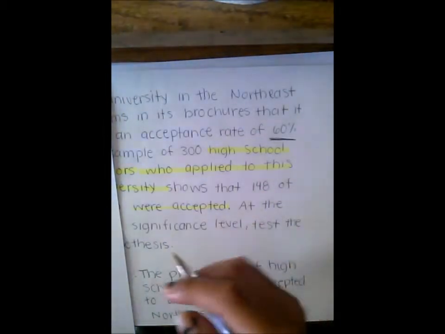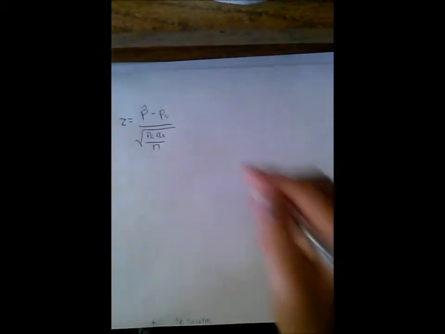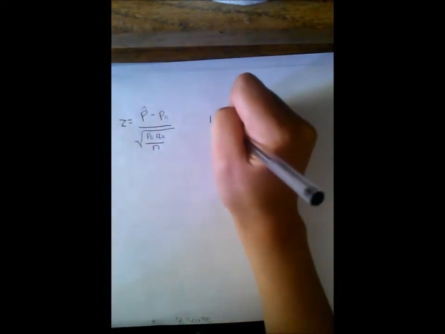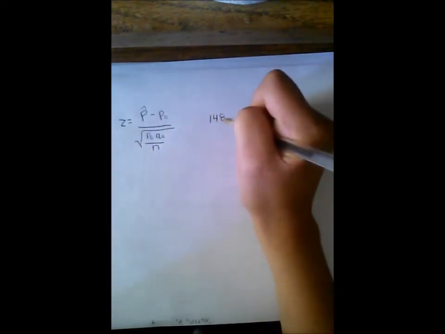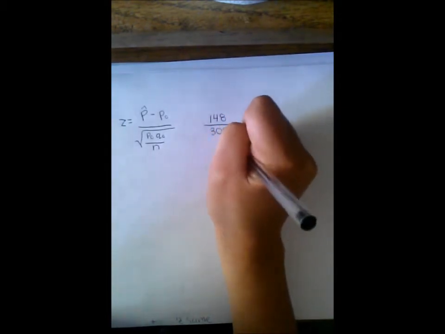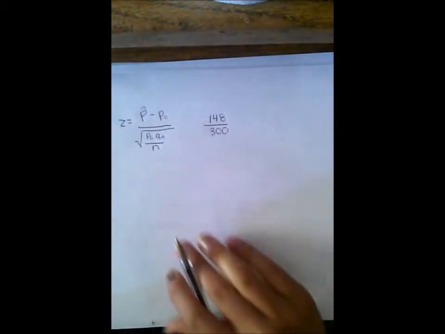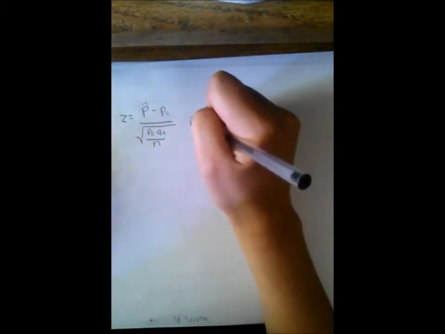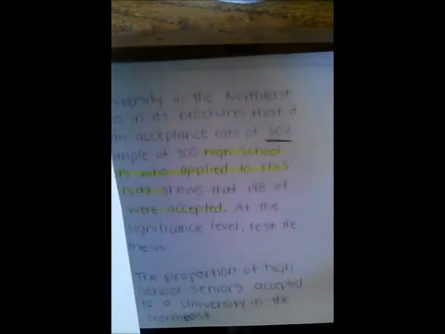148 people got accepted, right? So we would put 148 over 300. This is for p hat.